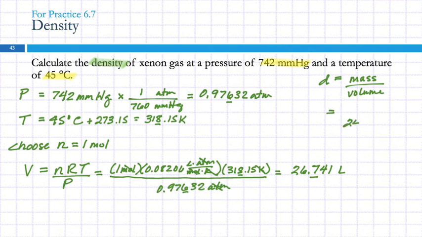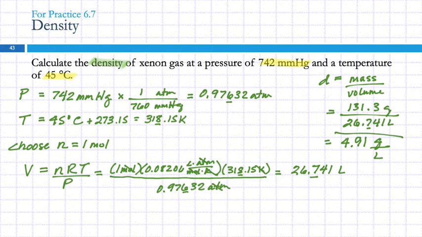What's the mass of 1 mole of xenon? 131.3 grams. So the density is 4.91 grams per liter.